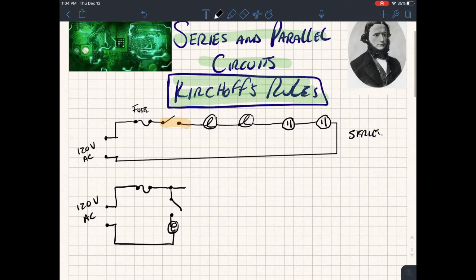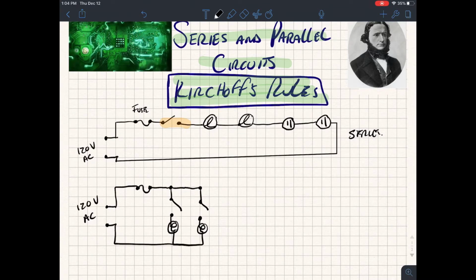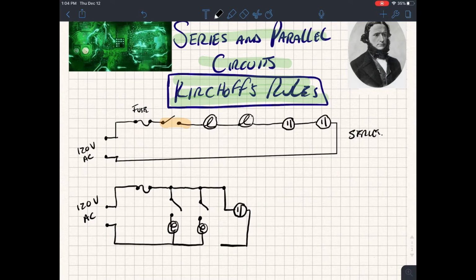Another pathway, another circuit is going to look identical to the first. So another switch, going to another light bulb, and going back to the pathway. And then this guy is going to go to a wall outlet. And then it will run back to the wall.